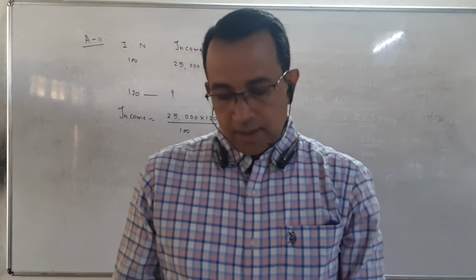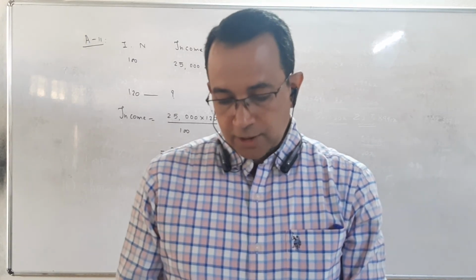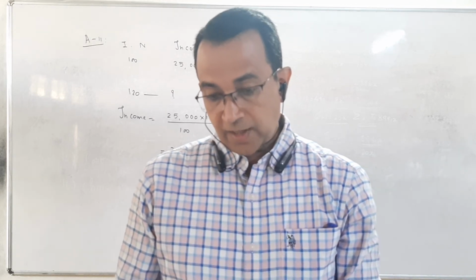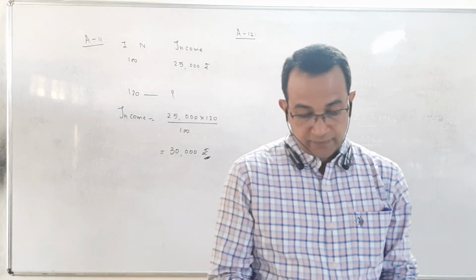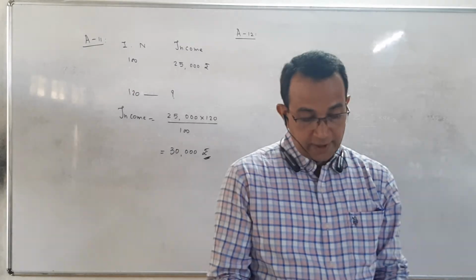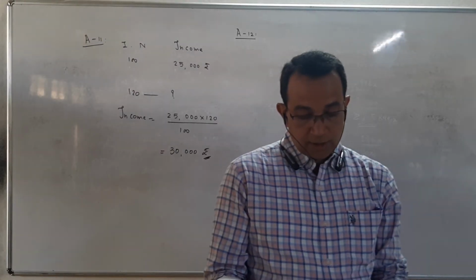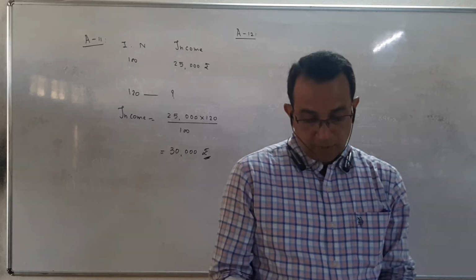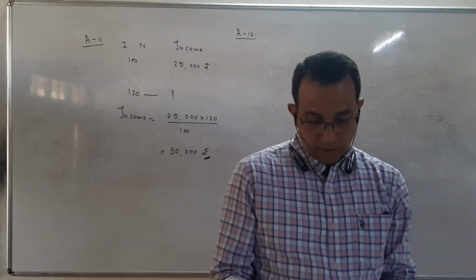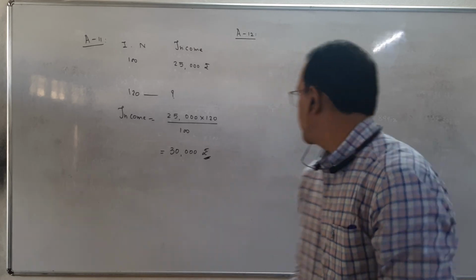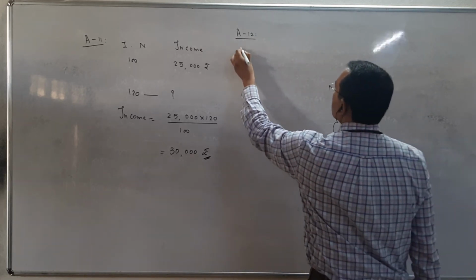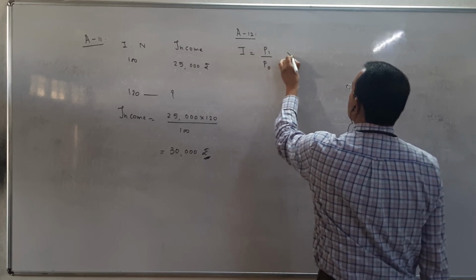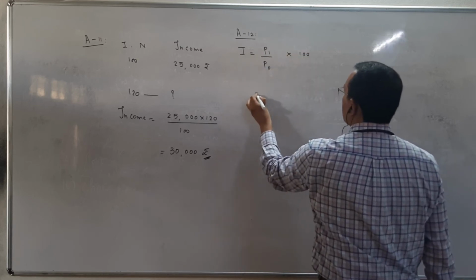Now 12. The average monthly income of a worker was rupees 16,000 in the year 2015, and it increased to 20,000 in the year 2016. Find the index number for the year 2016. Simply, students, I is equal to P1 upon P0 into 100.